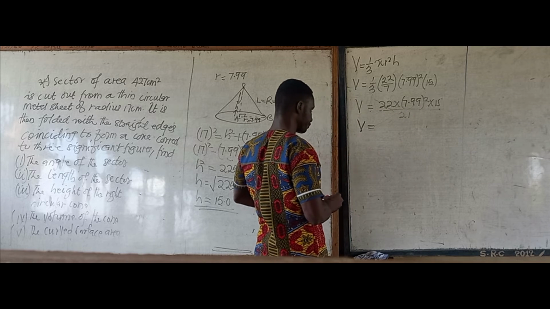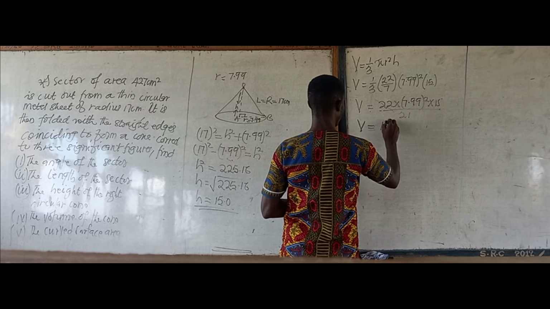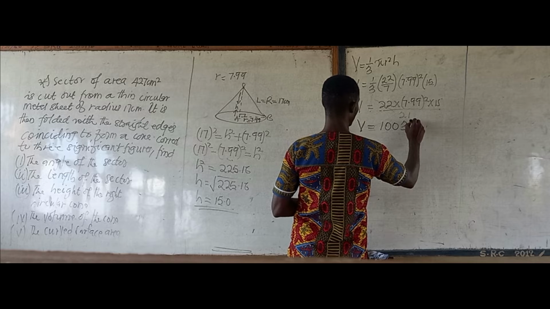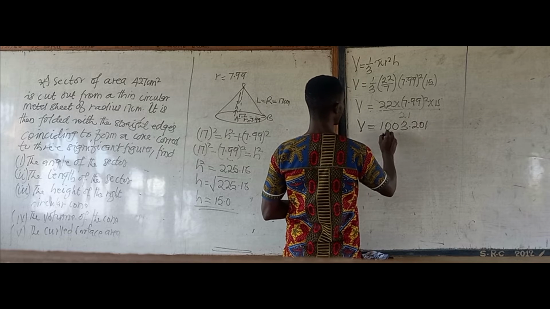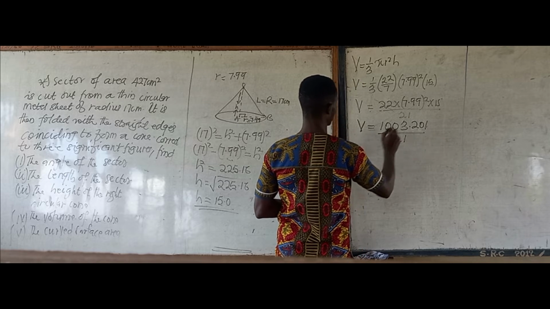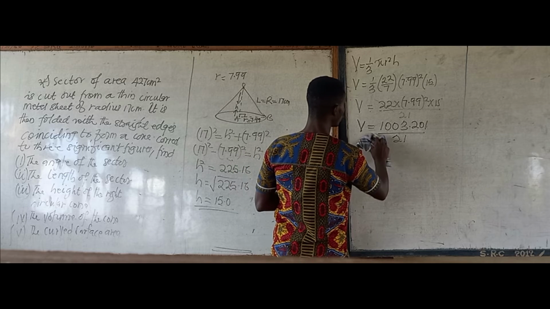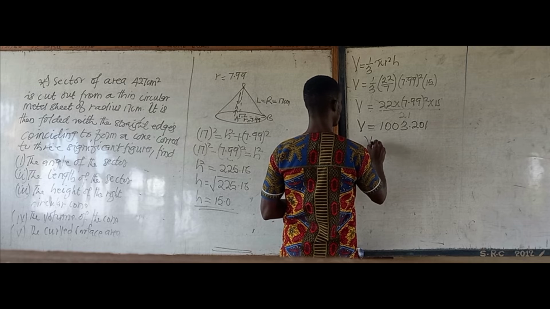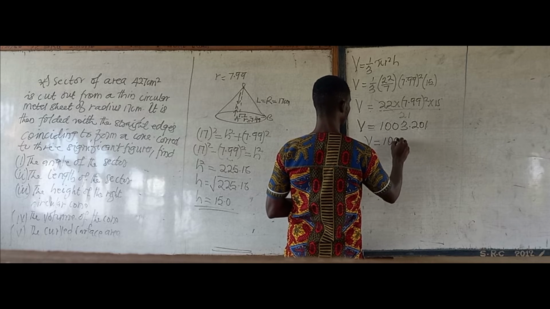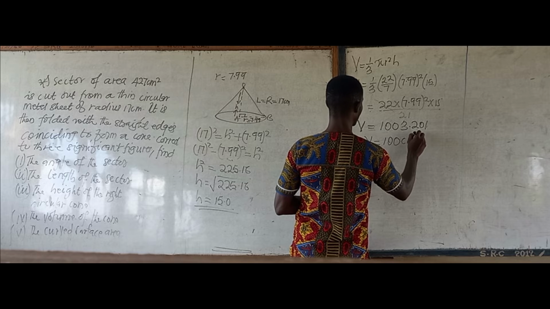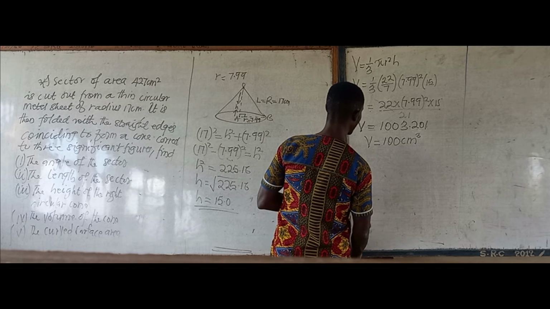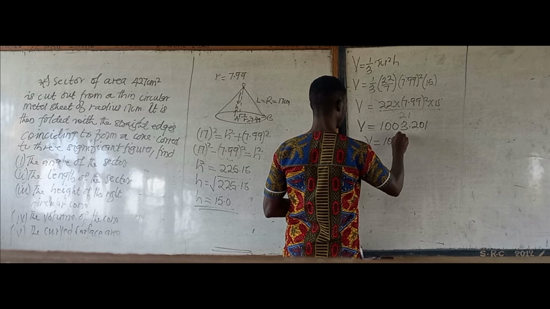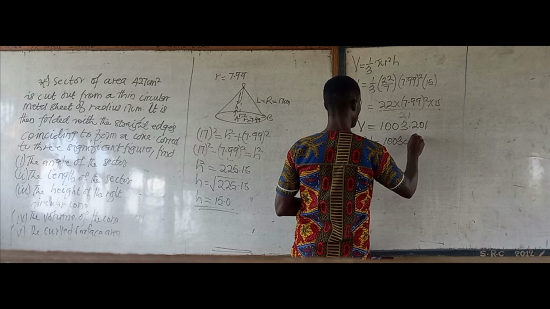What do you get? 2163.201. Then divide the answer by 21. That's the final answer. So V is equal to 103 centimeters cubed.